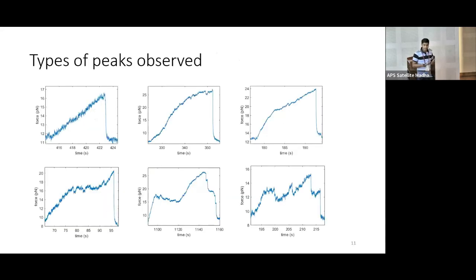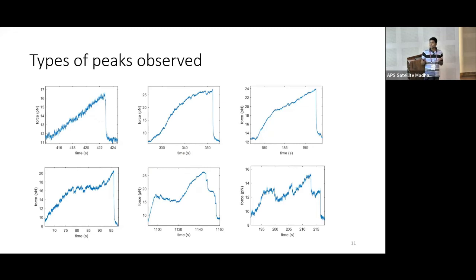When we look at the different types of peaks, we see that there are small peaks which go linearly and then collapse. There are peaks which tend to saturate and then collapse. We see there is a crossover phenomenon where it grows with one rate and then suddenly the rate changes. The rate change could be positive or negative.